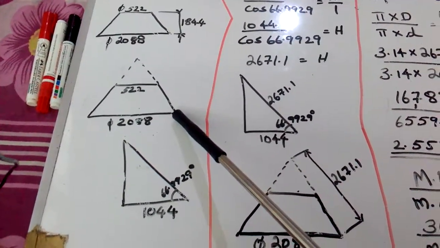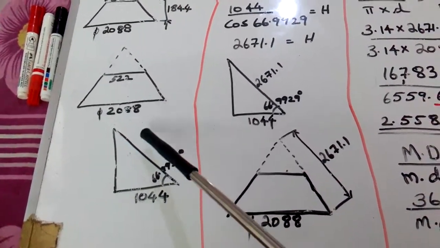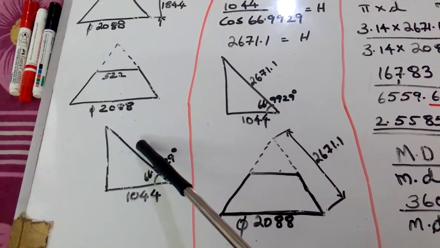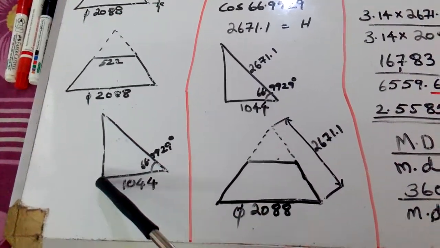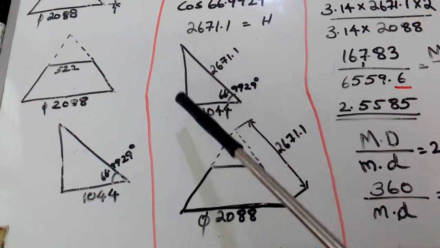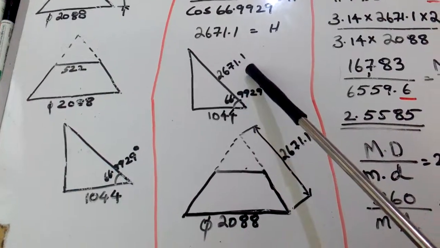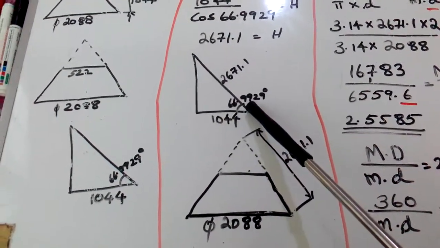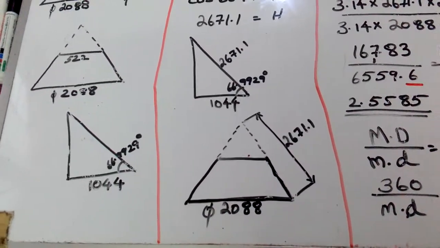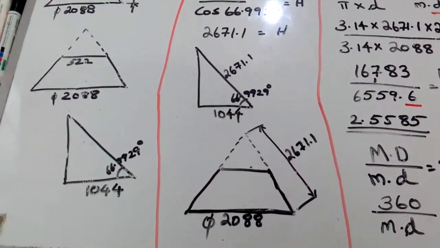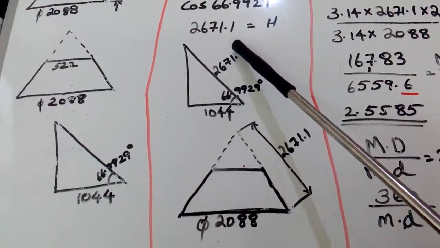If we have got this 2671.1, we can make a round with this measurement 2671.1. Once again I have drawn one triangle, same triangle I have marked here, and I have written 2671.1. What is this 2671.1? It has to be used as the radius of cone. Radius of the development will be 2671.1.